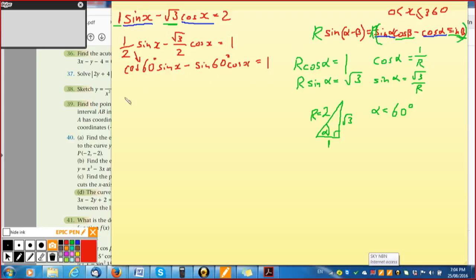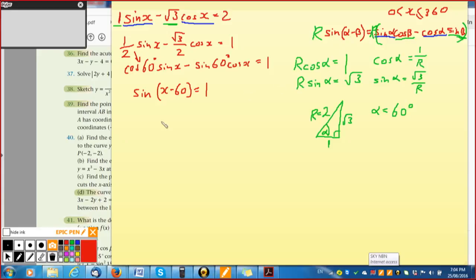So all of this is going to be equal to sine of x minus 60, I think it is. Am I right or am I wrong? I haven't checked. I think it's sine x minus 60 in this situation. Yep. Does that make sense? It is the compound angle formula for sine, which is this thing here.